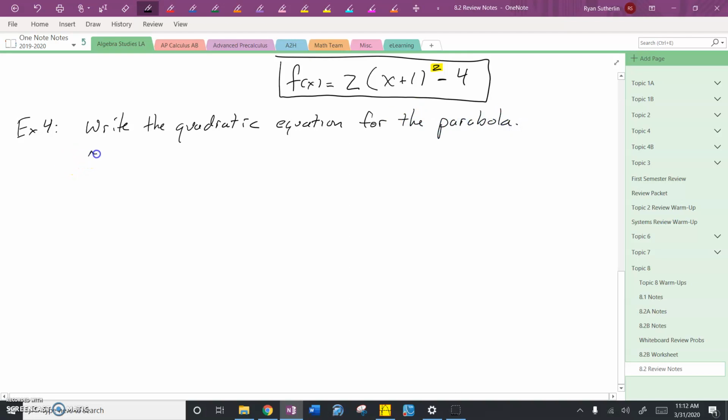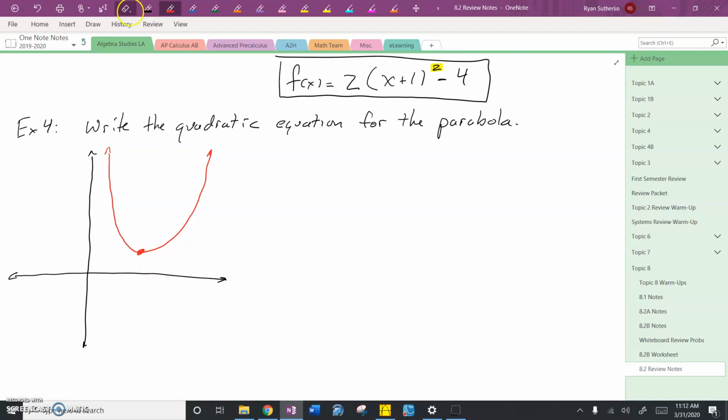So let's say our parabola this time looks like this. We're going to do a parabola that goes like this. Let's say, oh, I'm sorry, not what I wanted. I actually want one this time that opens down.